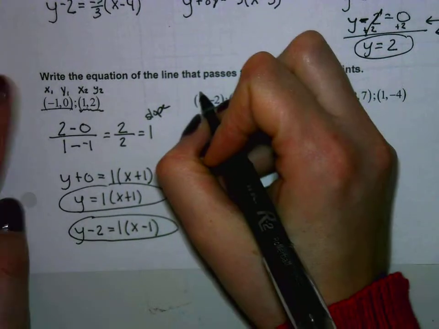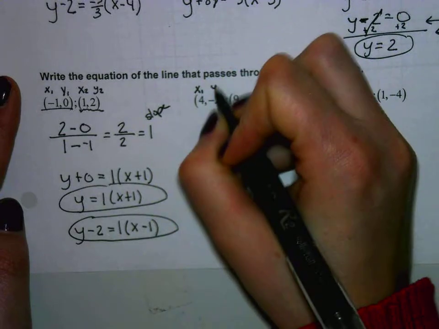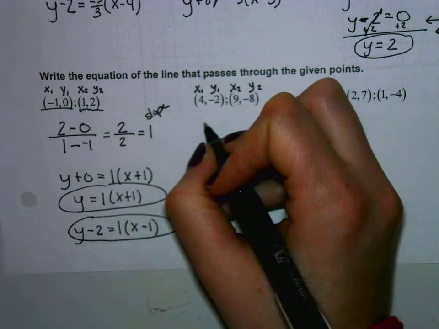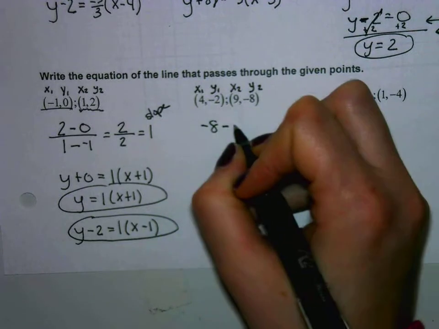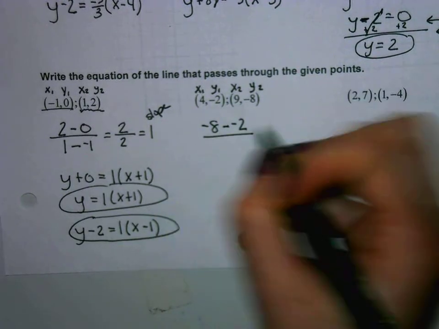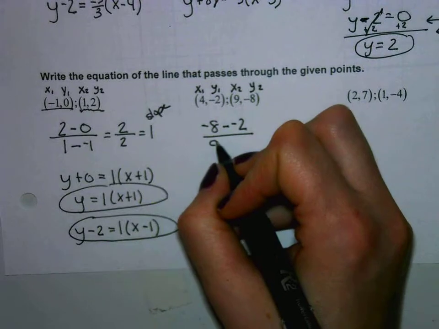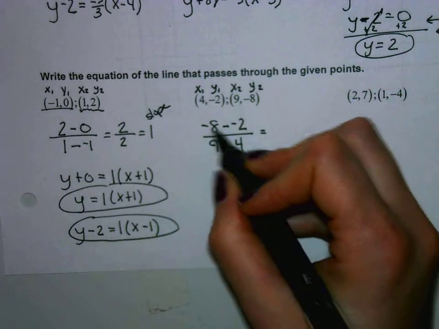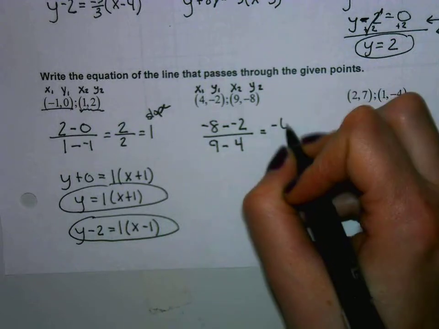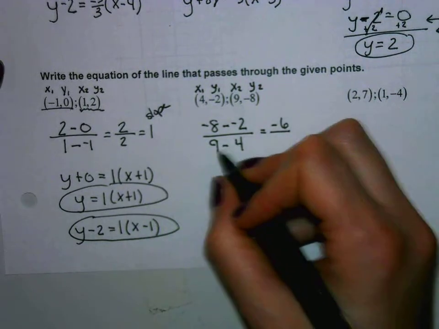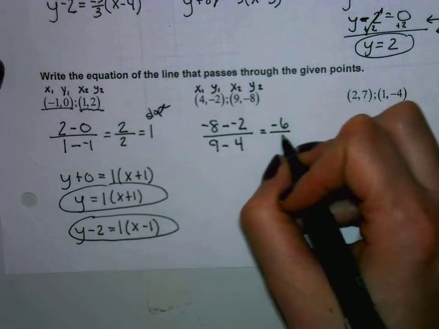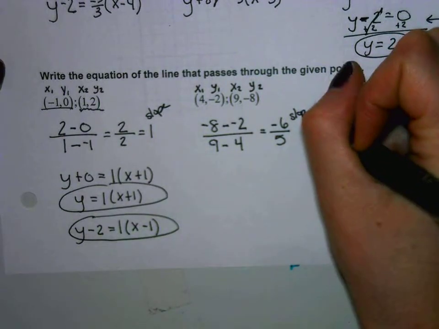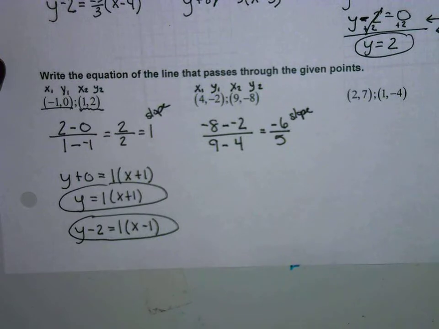So let's again find our slope. x1, y1, x2, y2. So y2 is -8 minus our y1, which is a -2, divided by x2, which is 9, minus our x1, which is 4. -8 minus a -2 is a -6, divided by 9 minus 4, which is 5. And that can't reduce anymore, so our slope is -6/5.